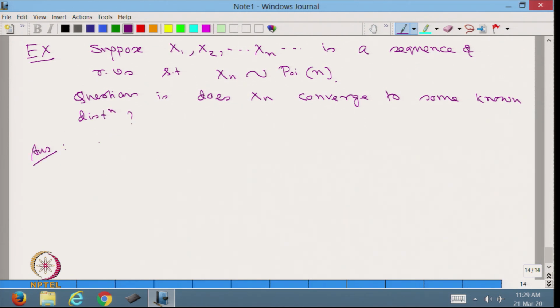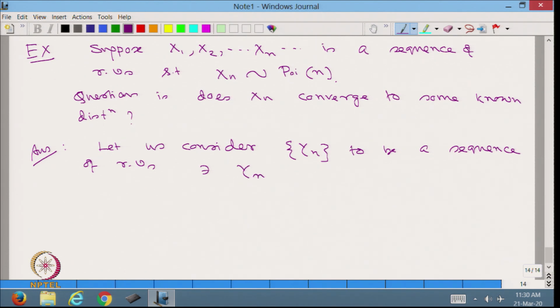Answer: let us consider Y_n to be a sequence of random variables such that Y_n is equal to (X_n minus n) over root n.